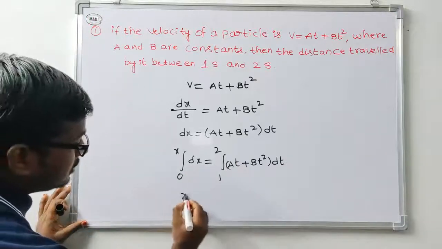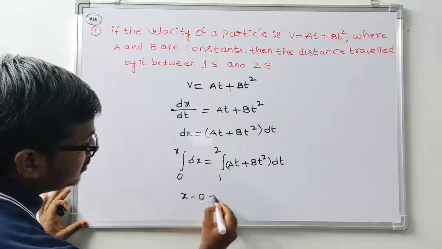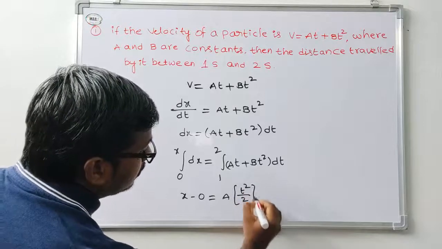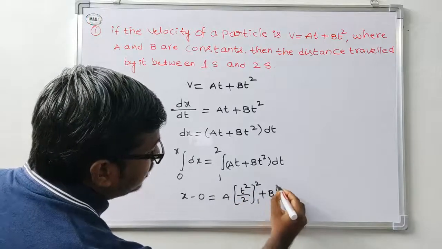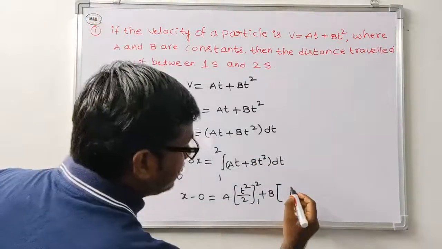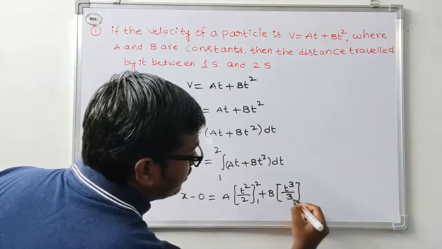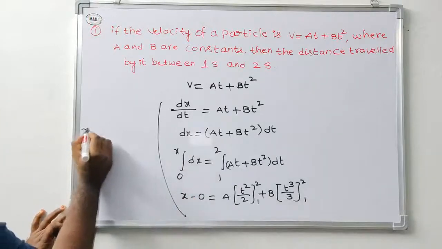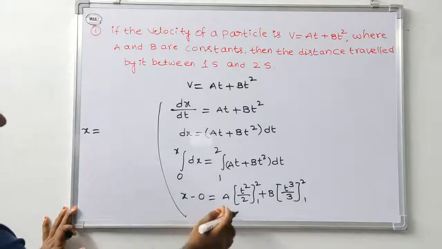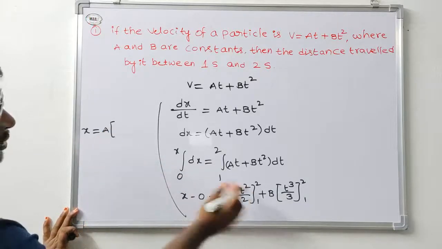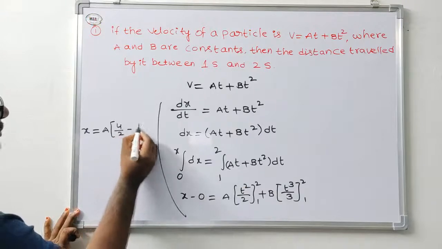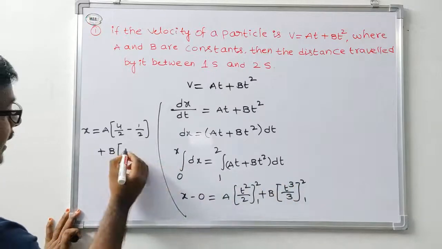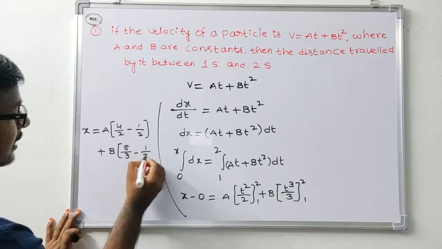Okay, this x minus 0 is equal to a times the integral of t, which is t²/2, from 1 to 2, plus b times the integral of t², which is t³/3, from 1 to 2. So x = a(4/2 − 1/2) + b(8/3 − 1/3).